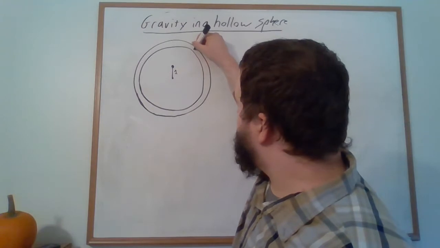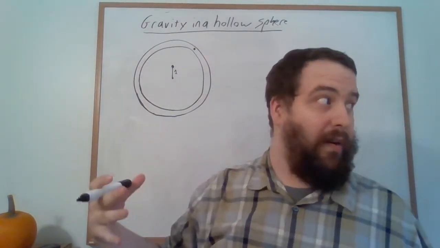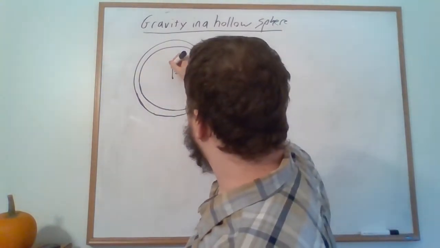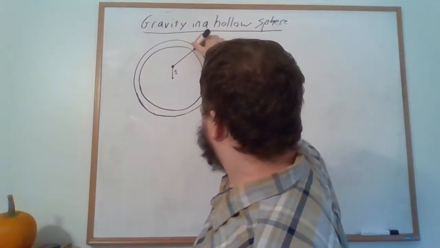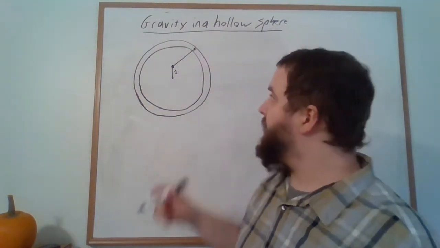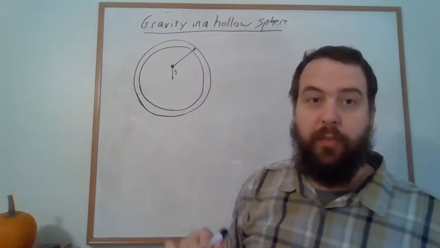Now let's imagine a little piece of matter as part of the spherical shell. So that matter is going to have some mass associated to it, and it's going to be applying some gravitational force to this point.